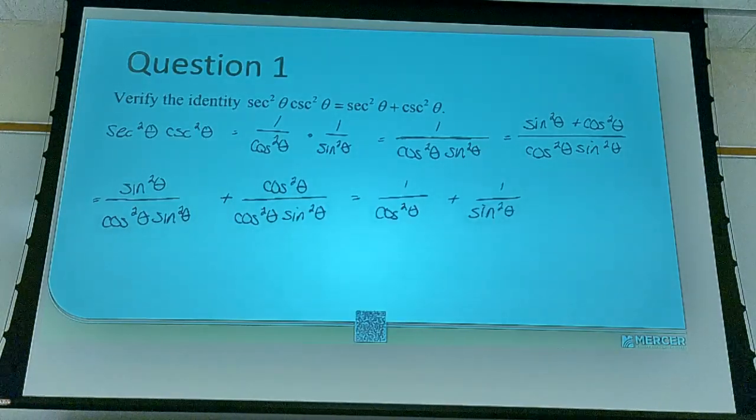That first term, you get sine squared over sine squared, which is 1. Second term, you get cosine squared over cosine squared, which is 1. Left with 1 over cosine squared plus 1 over sine squared.